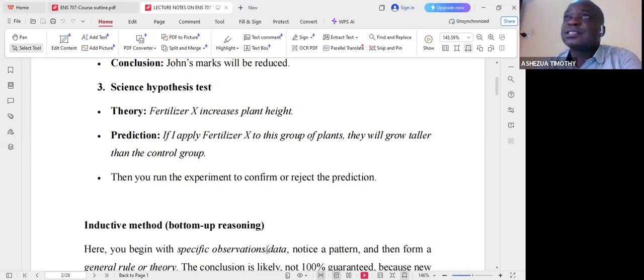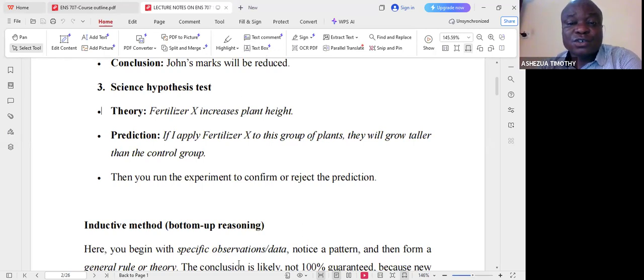That's the general perception that a particular fertilizer named X increases plant height. So what's the prediction here? The prediction is that if I apply fertilizer X to a group of plants, they will grow taller than the control group. Then you run the experiment to confirm or reject the prediction. So these are examples of deductive methods.